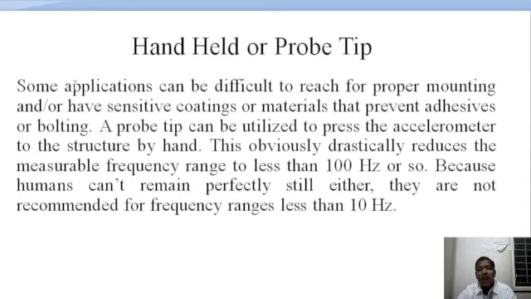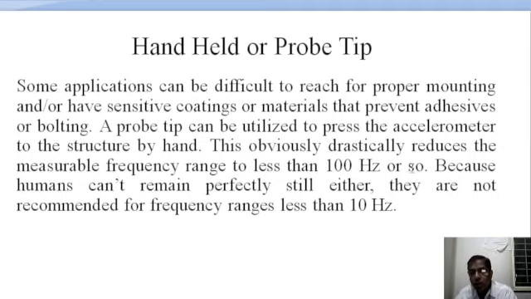Then there are handheld or probe tip accelerometers. Some applications can be difficult to reach for a proper mounting or have a sensitive coating or material that prevents adhesives or bolting. So a probe tip can be utilized to press the accelerometer to the structure by hand. This obviously drastically reduces the measurable frequency range to less than 10,000 Hertz.